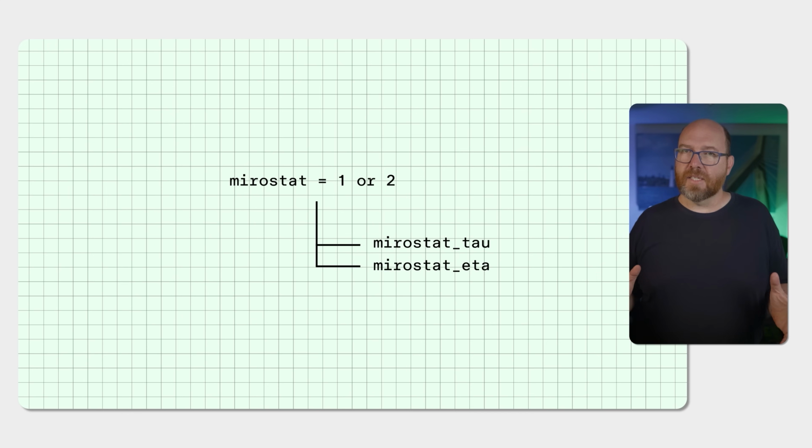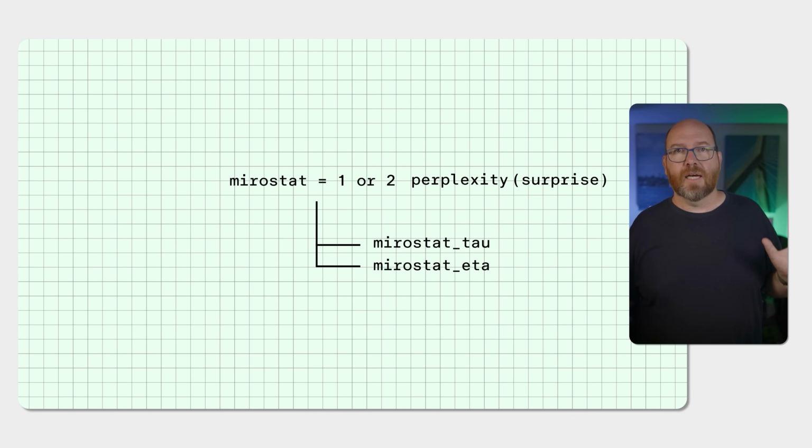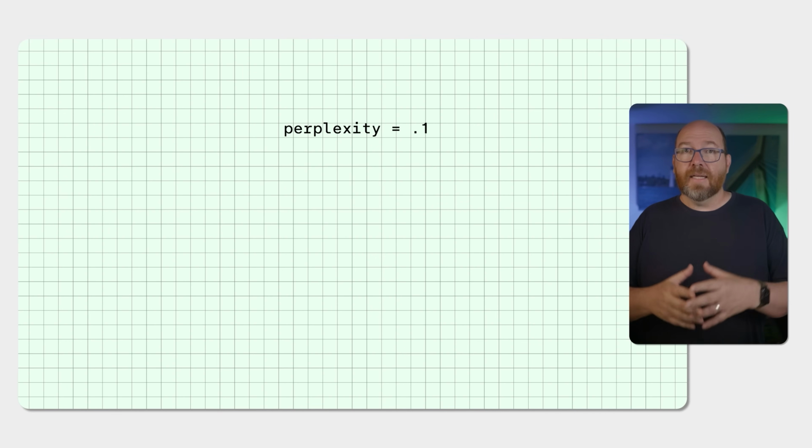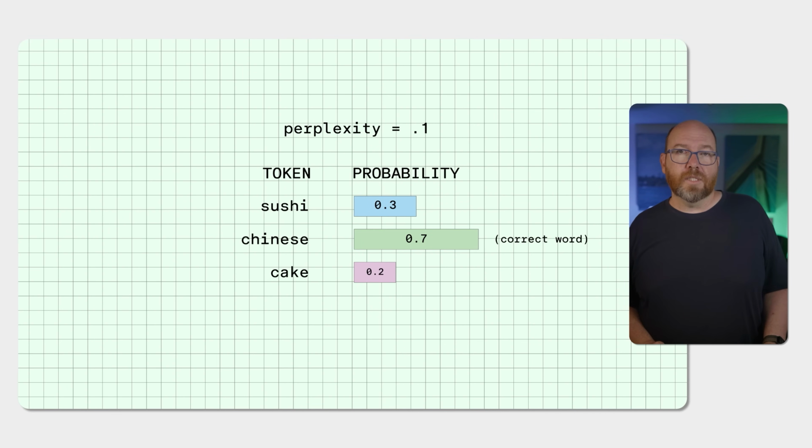When working with Mirostat, you often see the terms perplexity and surprise come up. They are related but different. Perplexity is a statistical measure derived from the probability of the next word appearing in a sequence. A lower perplexity indicates the model assigns higher probabilities to more correct words in a sequence.